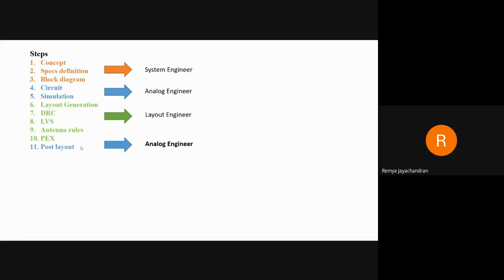If it doesn't meet the requirement, then we have to go for redesigning the circuit and check the result. So this loop will continue till we get the expected result. Once you get the expected result, then you can go for the placement.